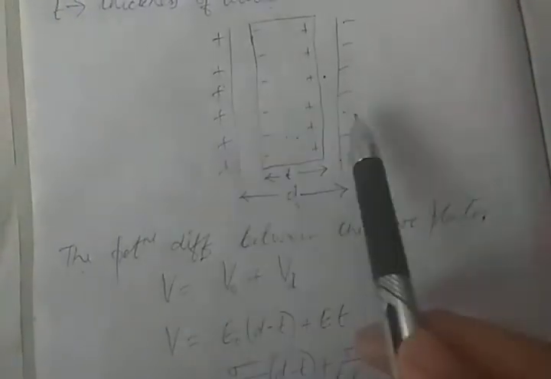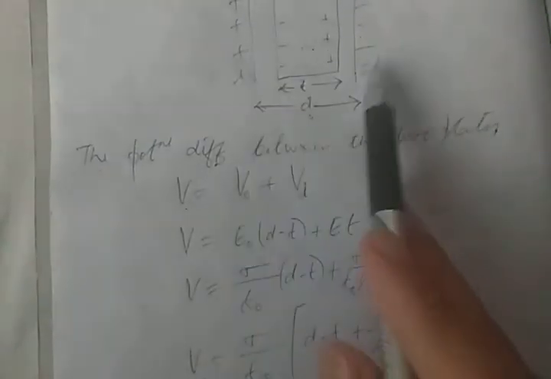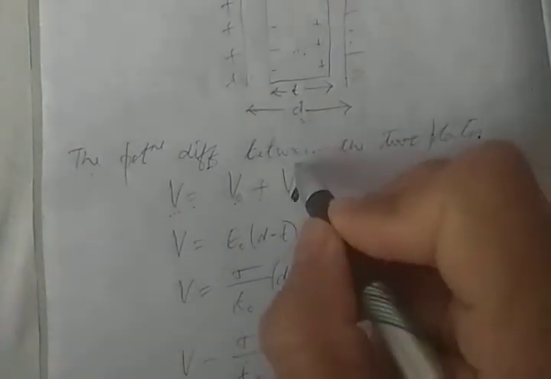Keeping this in mind, the potential difference between the two plates of the capacitor is a sum of, if this potential difference between the two plates is V, then V is V naught plus V dash, where V naught is the potential in the free space region over here.